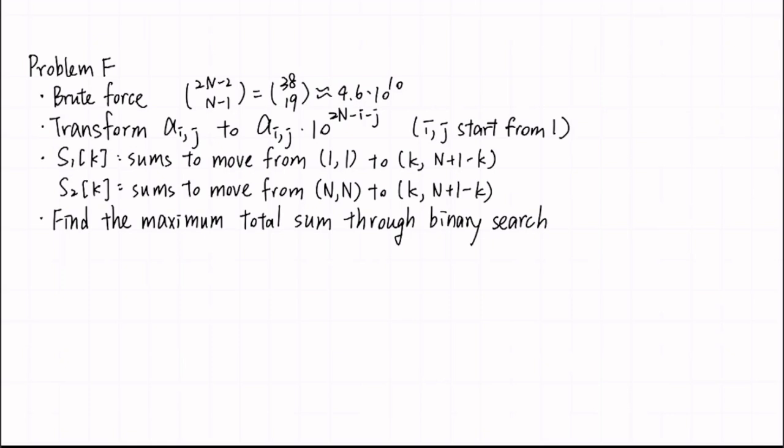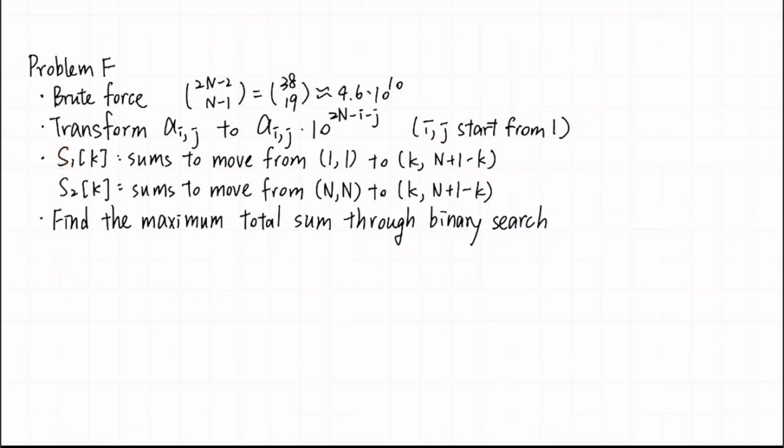And so we can store the sums to move from 1 1 to this point, and the sums to move from the end back to the middle, into two separate vectors that are s1k and s2k. So this would store the possible sums to move from 1 1 to this point, and we store it into s1k.